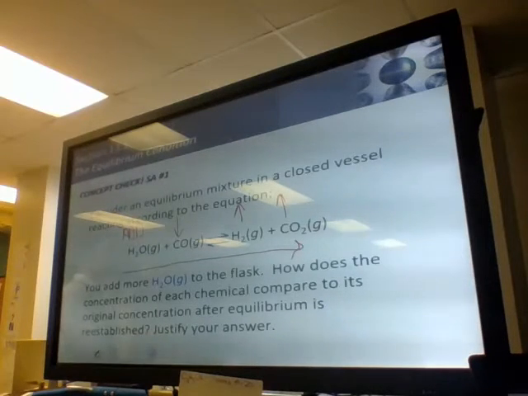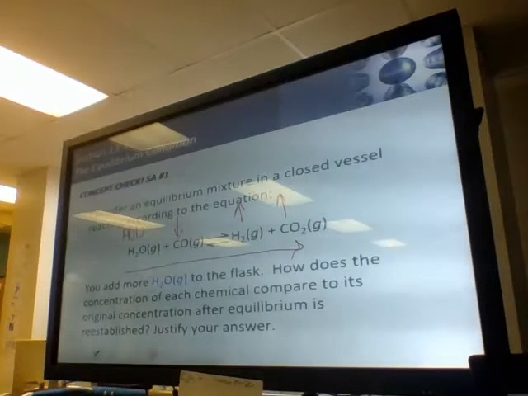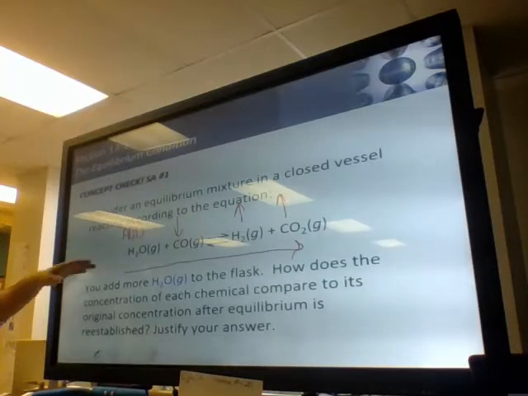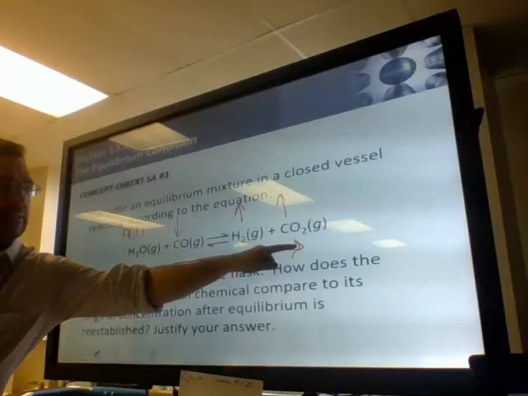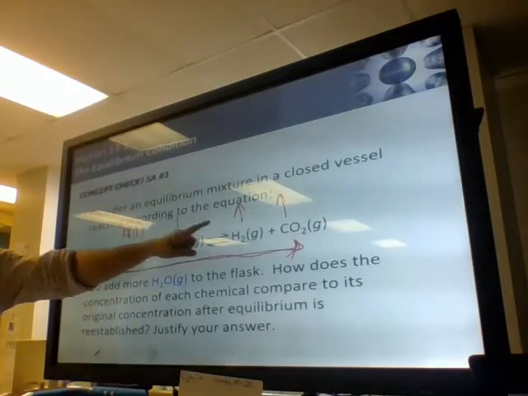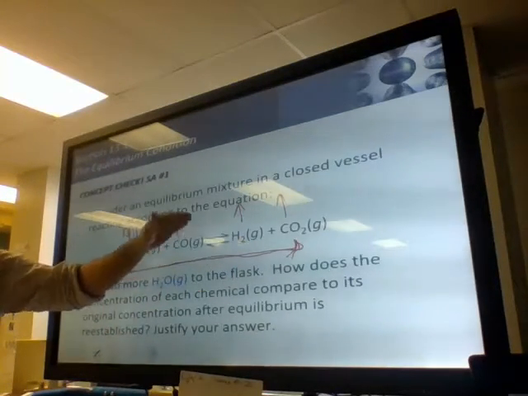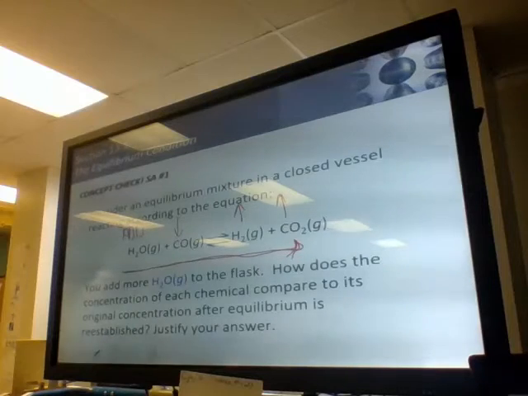Now the only one, and I remember learning this, since I was a biochem major, we did a lot of this, and one thing that I had problems understanding is what happens to H2O. So remember, this reaction increases now this way. So now there's more products than reactants as before.